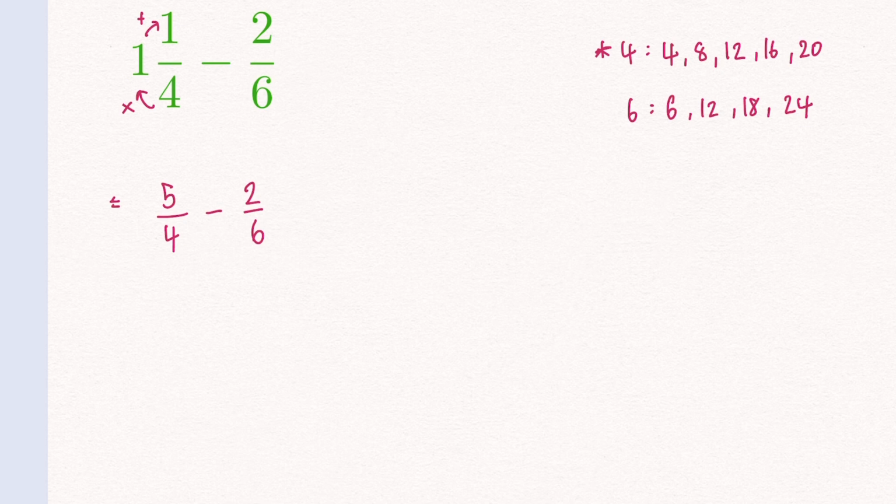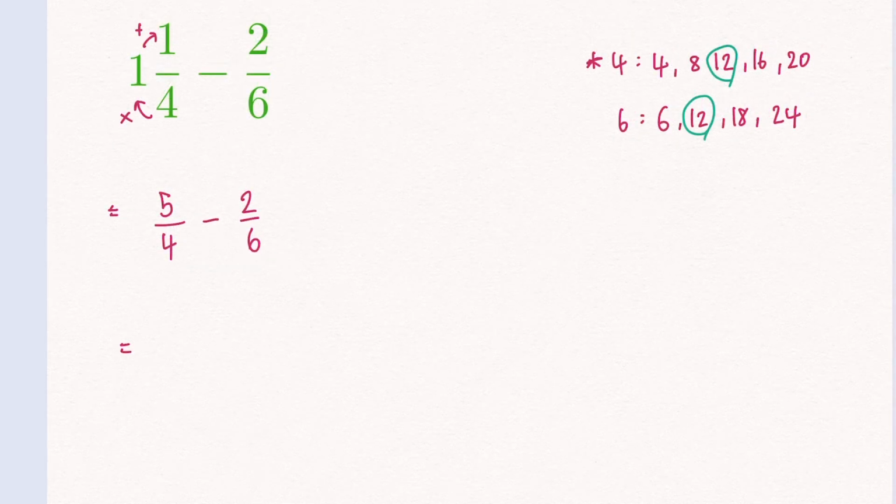We can see that the lowest common multiple between 4 and 6 is equal to 12. So knowing that, we will now times the 4 and the 6 to make the denominators become 12.